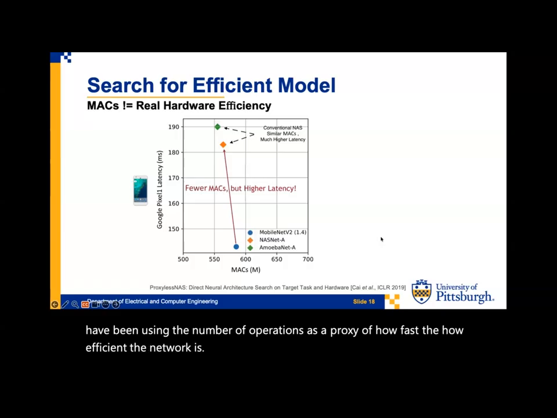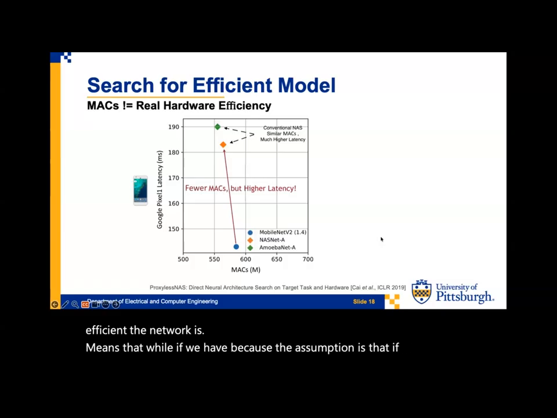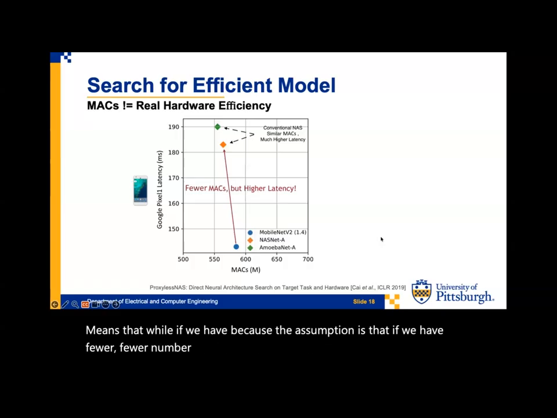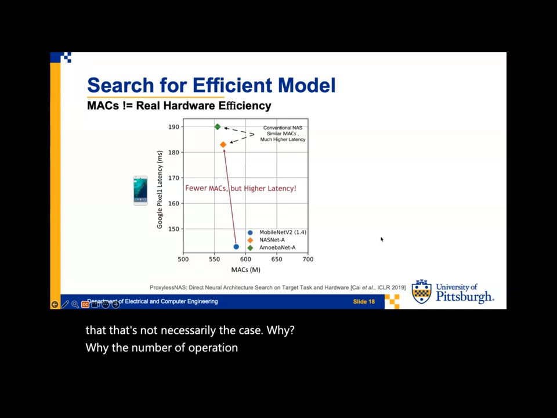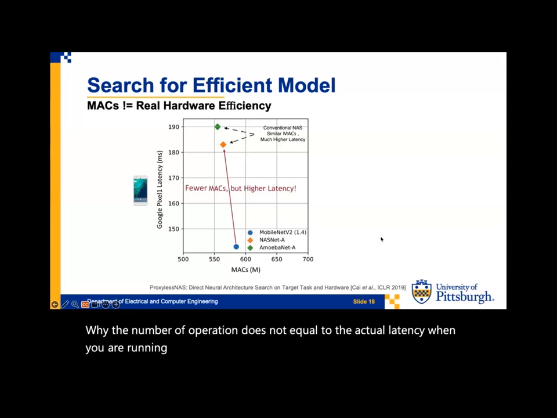The assumption is that if we have fewer operations, then the network is faster, right? This paper pointed out that that's not necessarily the case. Why does the number of operations not equal the actual latency when you are running the network on the hardware?